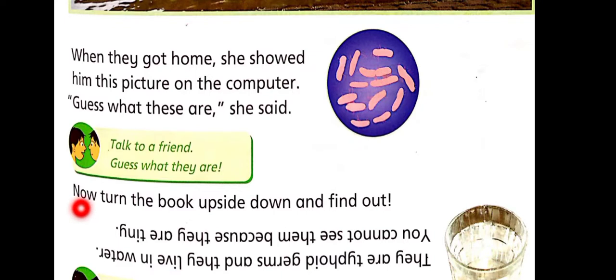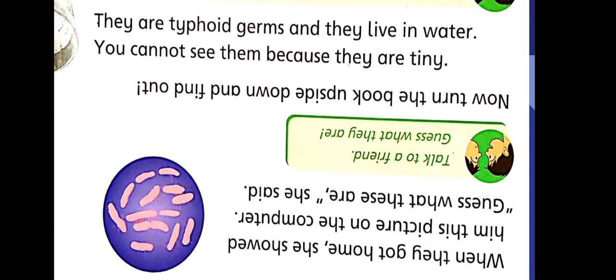Now turn the book upside down and find out. They have given an interesting task here because they have hidden the answer by rotating the side of the book, so you have to turn your book upside down to see the answer about what kind of picture this is. Here you can see the picture from the other side.